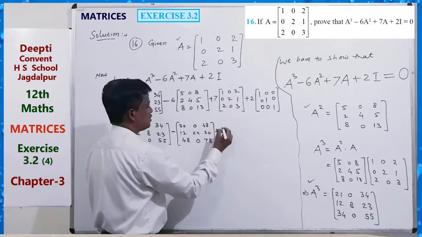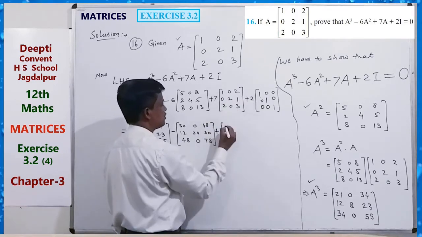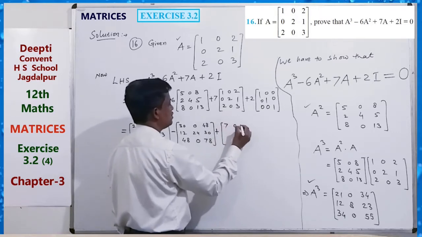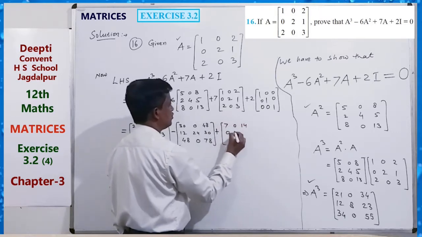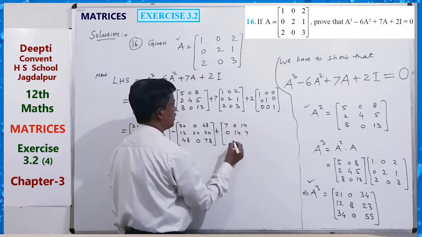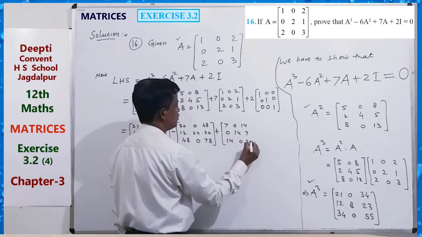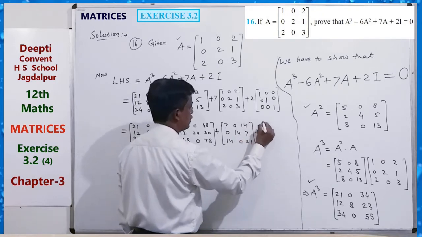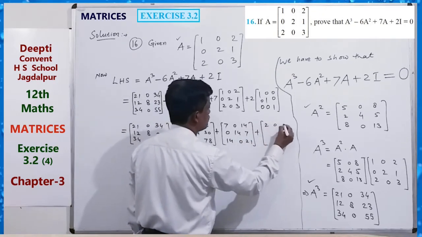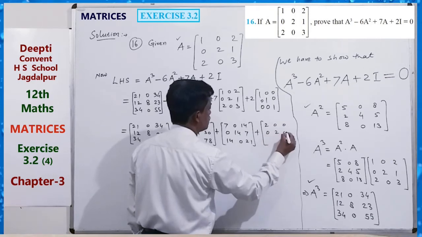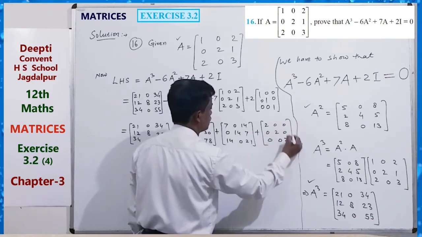Also here multiplied by 7, so just multiply each element: 7, 0, 14, 0, 14, 7, 14, 0, 21. Here also multiply 2I: 2, 0, 0, 0, 2, 0, 0, 0, 2.